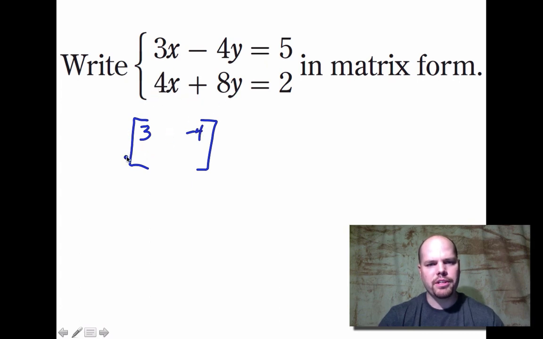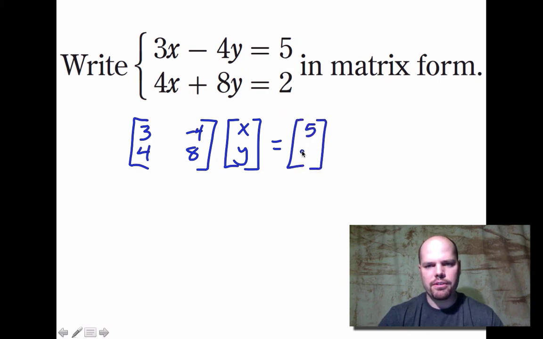Then we have the 4 and the 8: in the second row, first column, we have 4, and in the second row, second column, the 8. Times the variable matrix, x first, y second, a 2 by 1 matrix, and then it equals the constant matrix 5, 2.